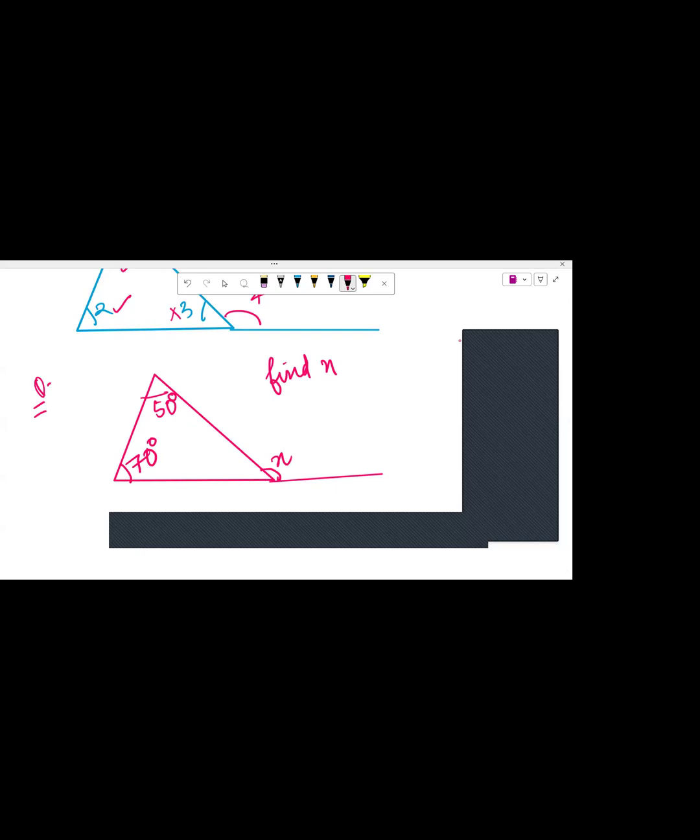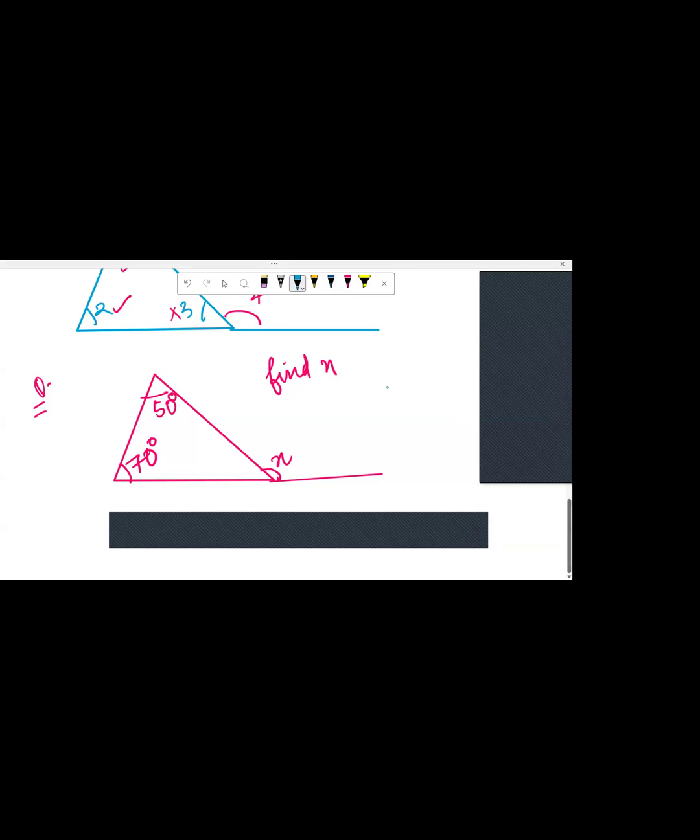Ma'am, I found it. Razan has done. One minute, ma'am. Let me check. Okay. So what's your answer, Razan? Yes, ma'am. 120. So X is 120, an exterior angle.